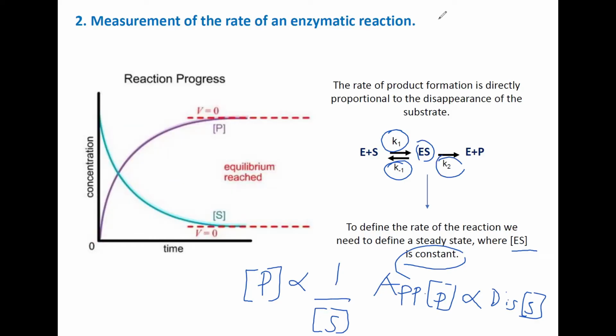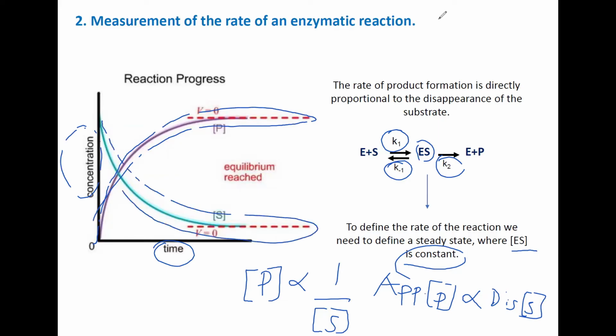So to define the rate of the reaction, we need to know the steady state where the enzyme substrate is constant. If you look at this graph, this is the reaction progress, where we have the concentration of the product, the substrate, and time. As the reaction progresses, there is formation of product and a decrease in the concentration of the substrate.